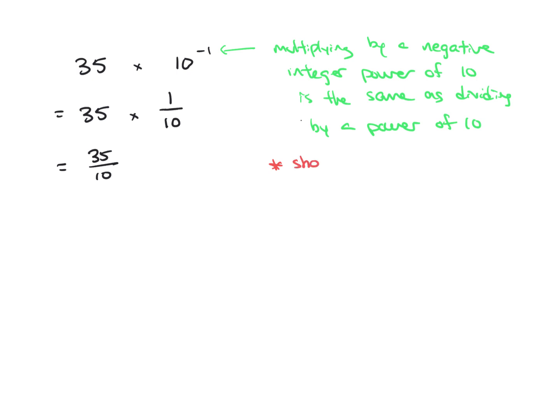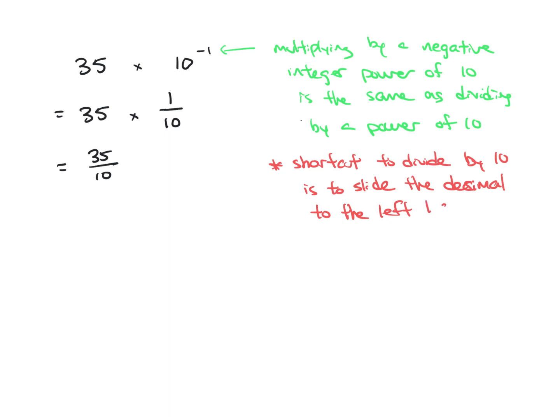So the shortcut to divide by 10 is to slide the decimal to the left one spot. Okay, so you have to know when to slide right and when to slide left. When we are dividing by 10, we slide left.